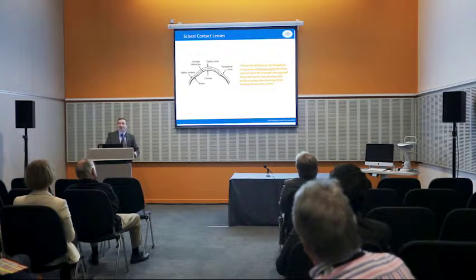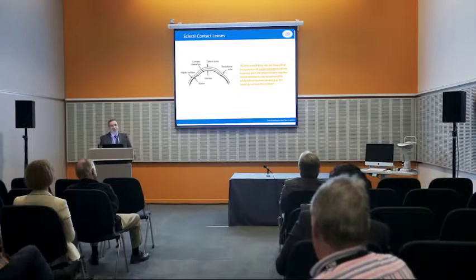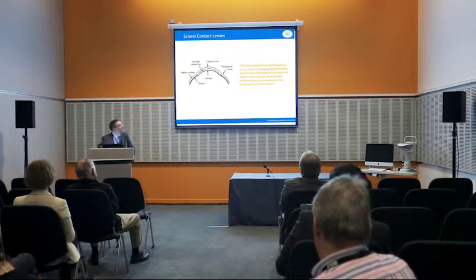So, Ken, forgive me, I'm going to be very simplistic here, but I want to make some general points. Scleral lens fitting really can be thought of as a process of manipulating the 3 zones in a scleral contact lens to give the required lens sagittal depth relative to the ocular profile.